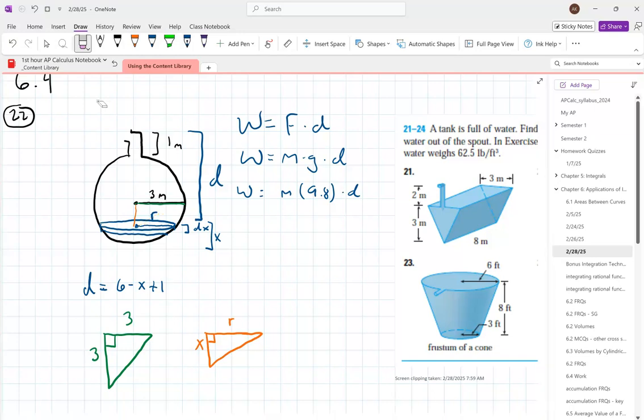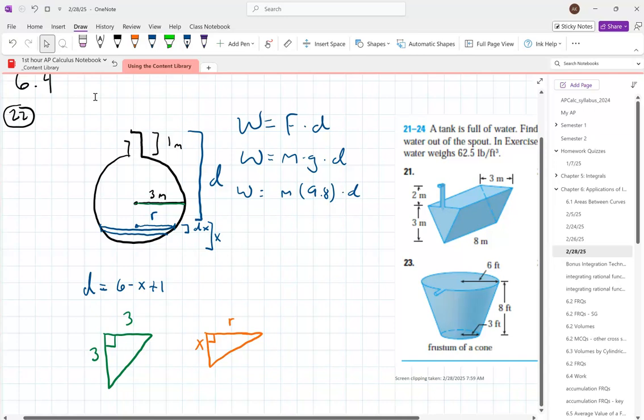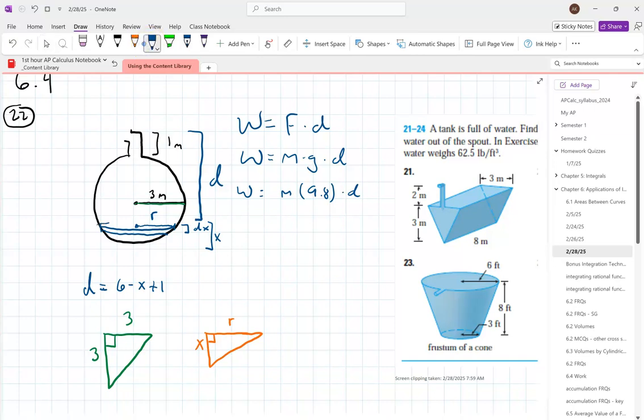Oh, I see it. I see it. I think. So this is like 3 minus x is that side.